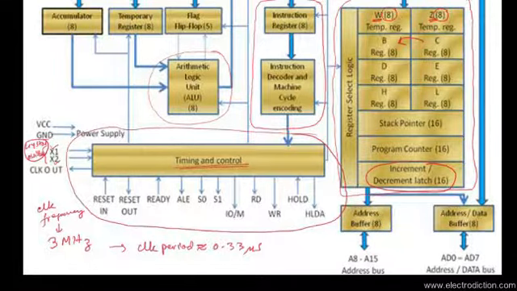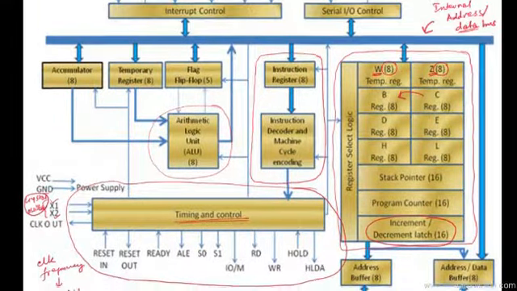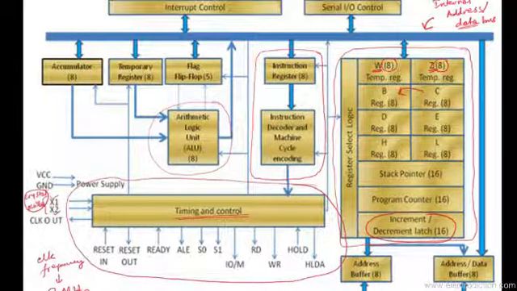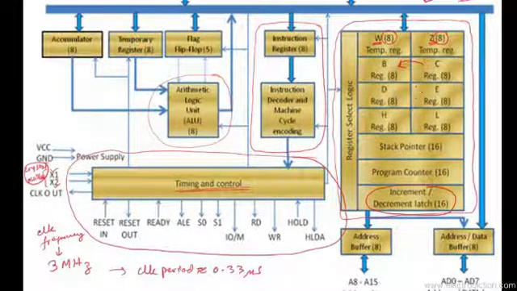Every instruction in the instruction set of the 8085 consumes an integral number of clock cycles to do what it does. Apart from synchronizing every operation, the timing and control unit has various control signals. For example, it has the reset in, which is used to reset the entire 8085 microprocessor and clear its program counter.